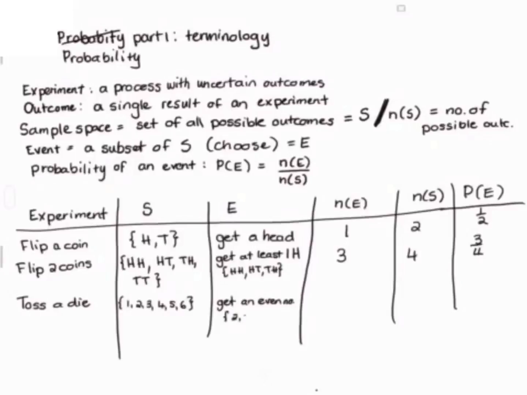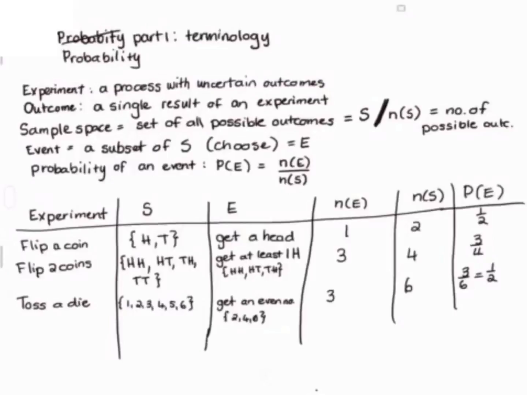So that would be 2 or 4 or a 6. So there are 3 values in my event. There are 6 values in my sample space. So this is 3/6, which simplifies to a half. Well, think about it again. The even numbers are exactly half as many as all the numbers.